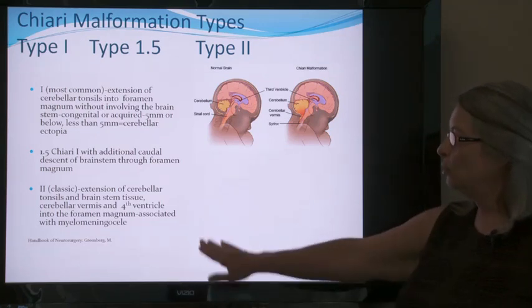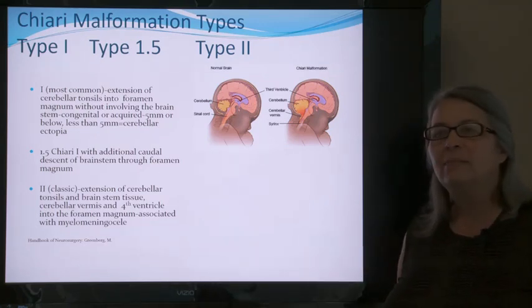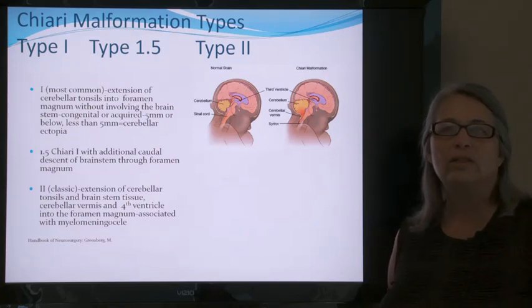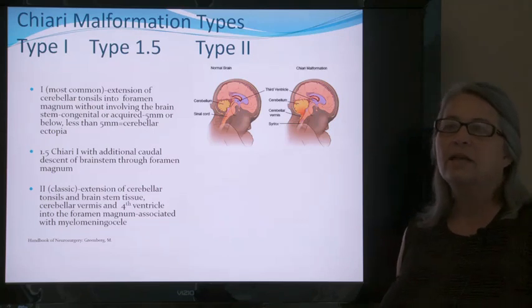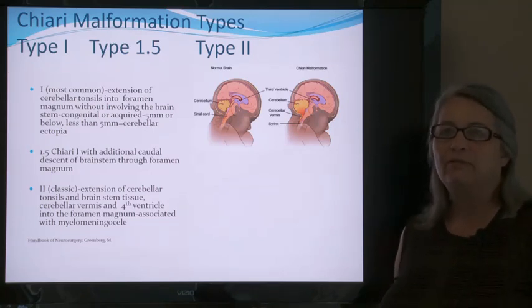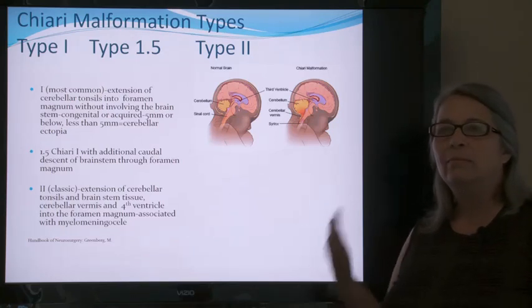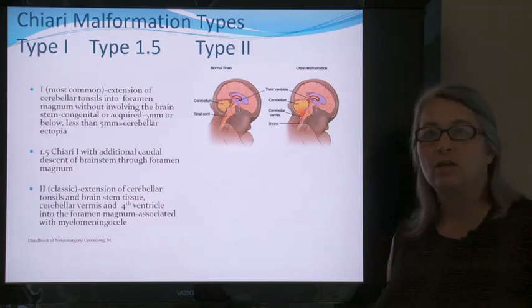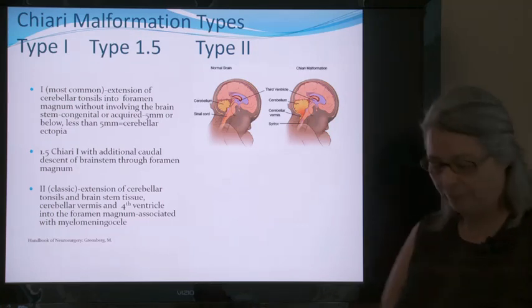Chiari type 2 is the Chiari malformation that is associated solely with open neural tube or closed neural tube defects. So the patients that have what we all know as spina bifida or occipital encephaloceles will generally have a Chiari 2 malformation.